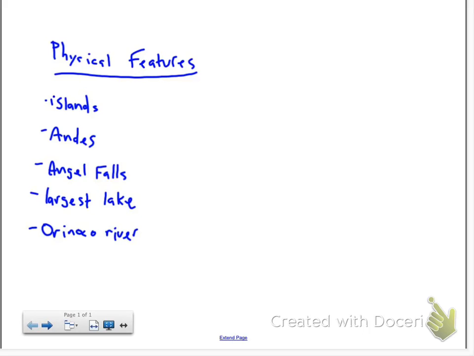Do you have any other physical features that you came up with? Julie? Got the plains, and, well, I guess there's more than that. Ashton? Guiana Highlands.